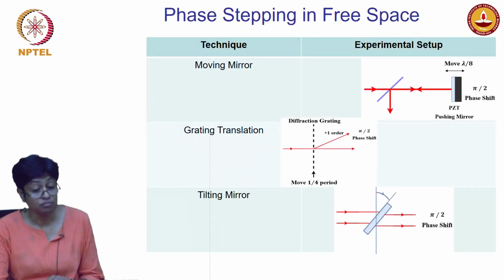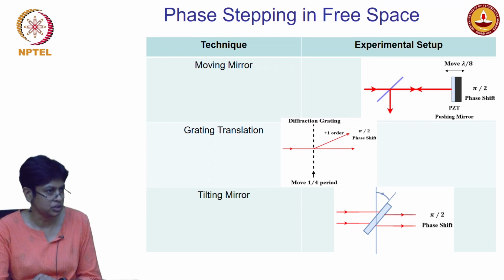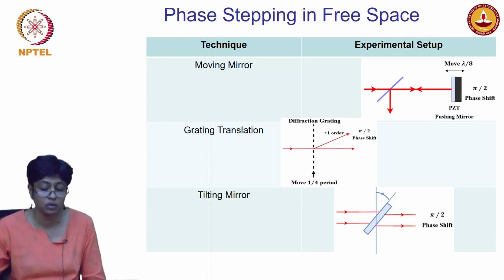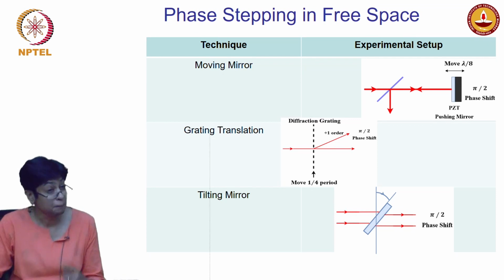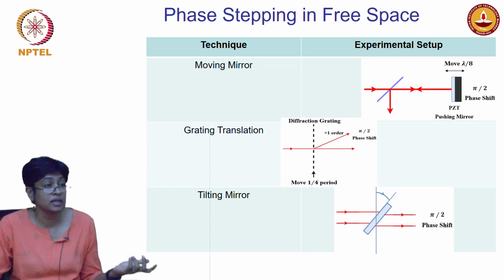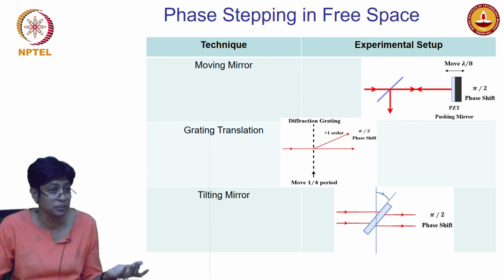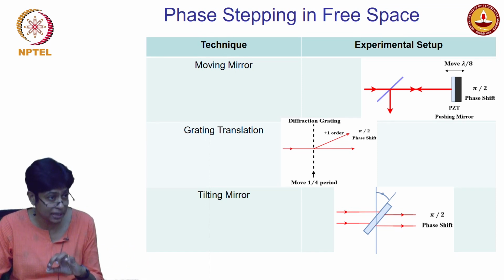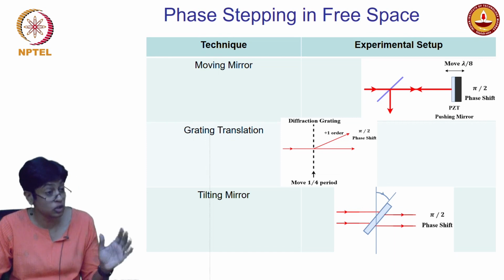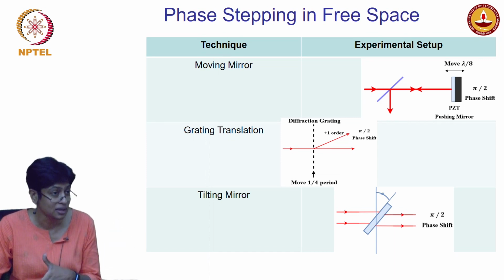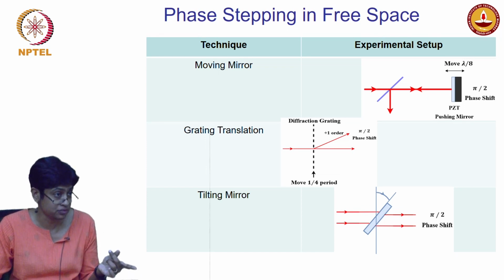Okay. Here are some examples of how you could introduce the phase shift. The first thing that comes to mind is just shift the mirror. Pi by 2, if I am talking about 633 nanometer wavelength, that means a fraction of that length. So, you are talking about hundreds of nanometers as the movement required to do a pi by 2 phase shift.